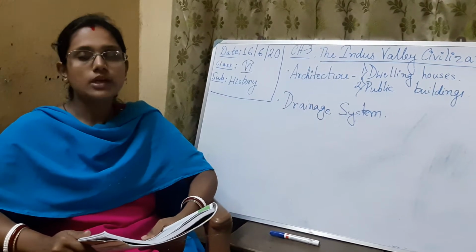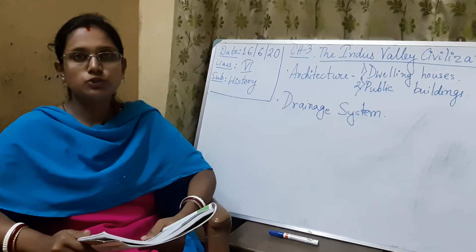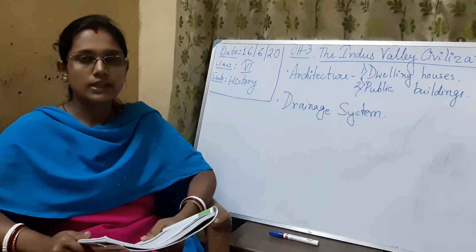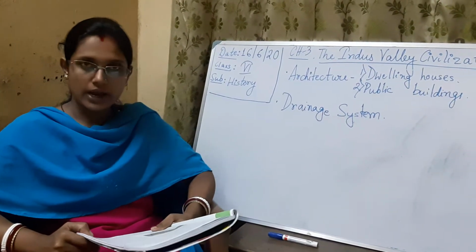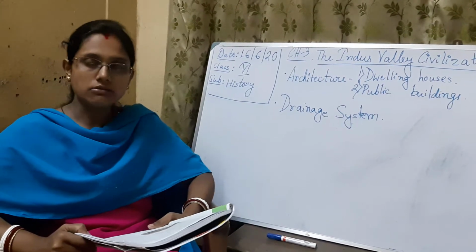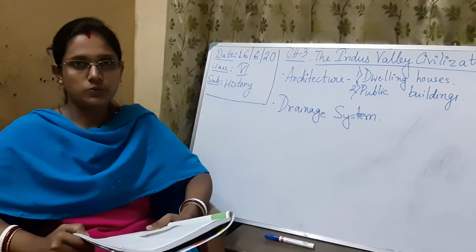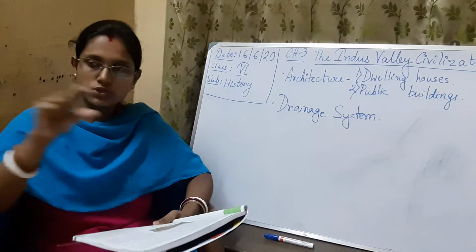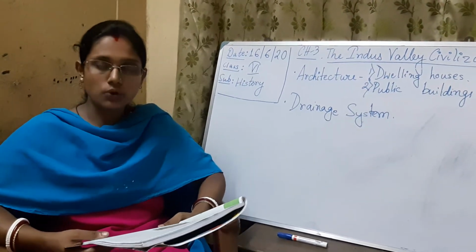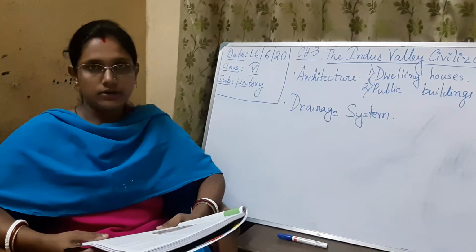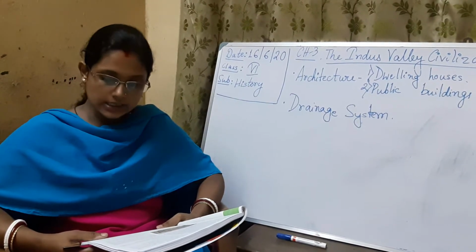Okay, because there was huge production of food grains, and the food grains were stored in that granary. There were two rows of granaries. Two rows means two lines of granaries, and in each row there were 6 granaries.